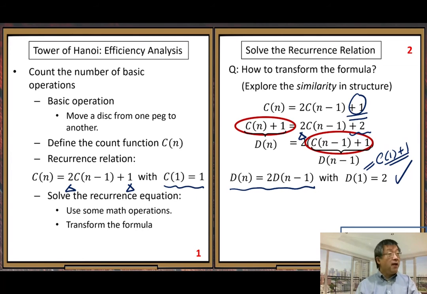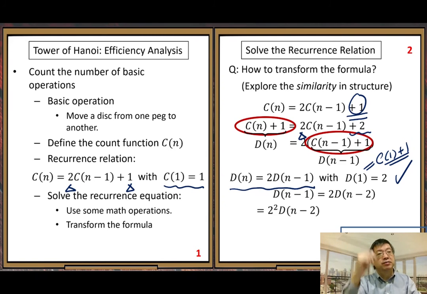All right. Then we can do iterations. 2 times d of n minus 1, can we apply the recurrence relation another time? So we replace d of n minus 1 by 2 times d of n minus 2. Then combine 2 steps, we have 2 squared times d of n minus 2. But we need to keep going, right? Step by iteration, until we reach the end.